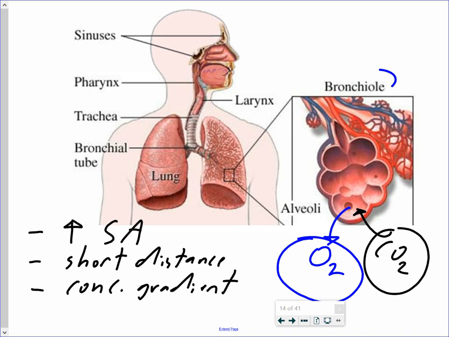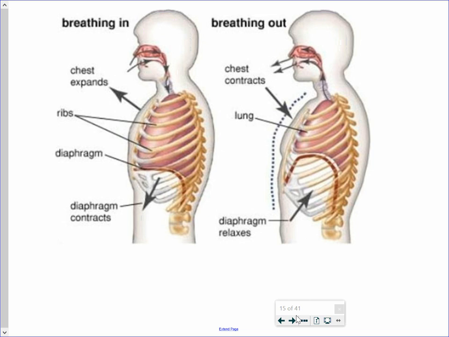The larger the concentration difference between the oxygen in the alveoli and the oxygen in the blood, the greater the amount of diffusion. So again, these are the three criteria necessary to maximize gas exchange, which takes place at the interface between the alveoli and the lining of the smallest blood vessels going through your lungs, which are the capillaries.